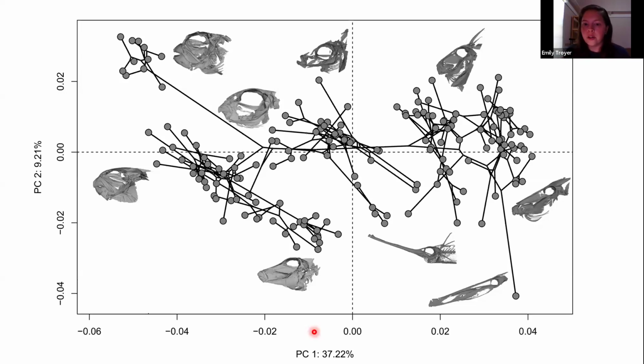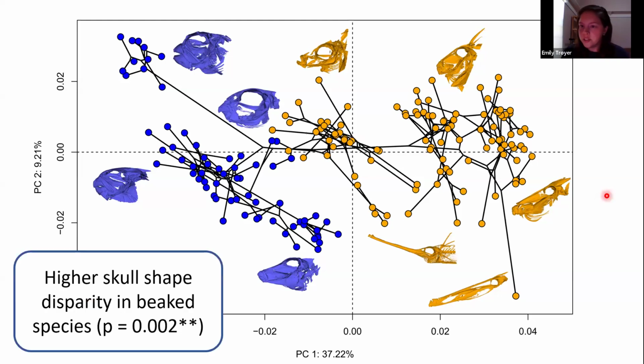If we color code according to dentition type, along PC1, beaked species here in blue occupy a separate area of the morphospace from their non-beaked counterparts in orange. Additionally, when we calculated morphological disparity between each group, we find that beaked species exhibit significantly higher shape disparity than non-beaked species.